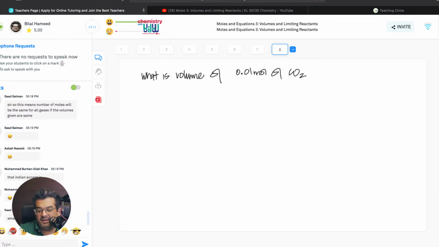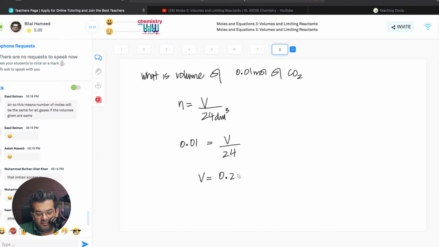Let's say somebody said, please give me that. Again, the same formula. Number of moles is volume over 24 decimeter cube. The number of moles is 0.01. Volume you do not know, but you know 24 dm cube. When you do this, what is V? V is 0.24, I believe, dm cube.